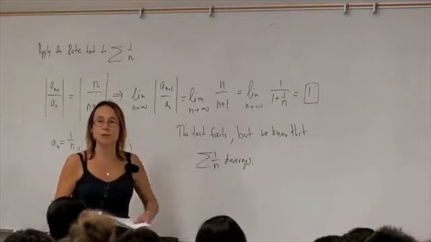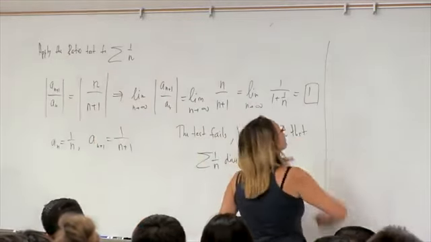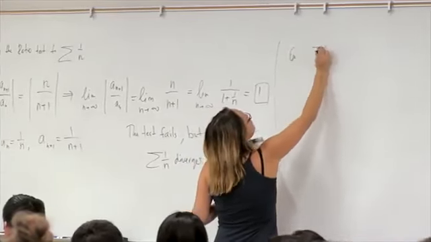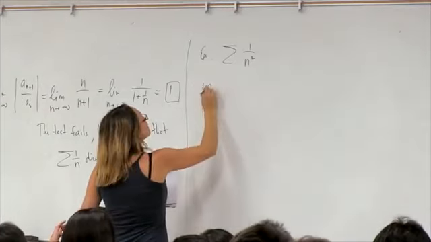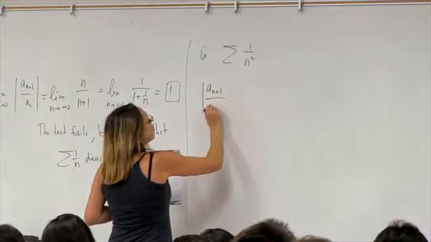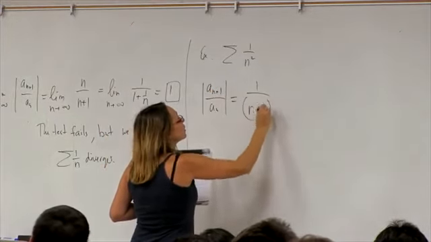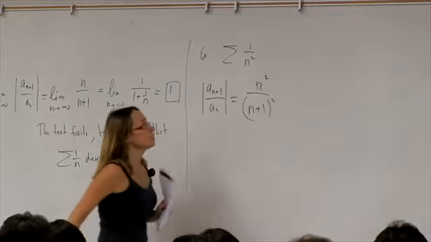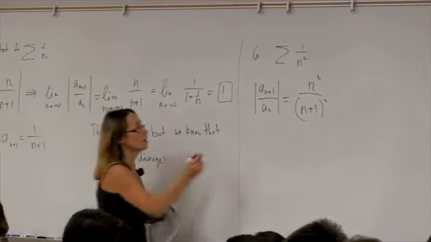Next, I give you an example where the test fails, but the sequence converges. So let's consider 1 over n squared, right? So what is a_{n+1} over a_n? We have (n+1) squared over n squared. Okay? The same thing, but with squares. Now take the limit.